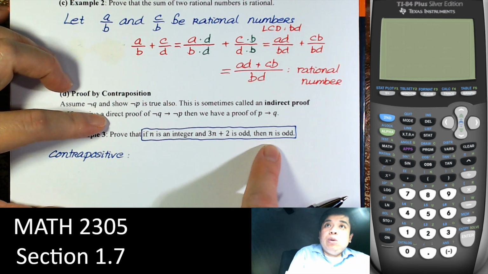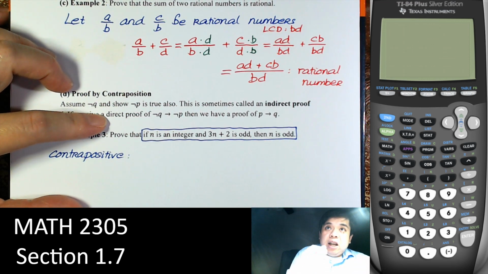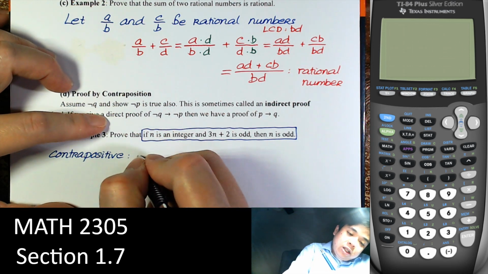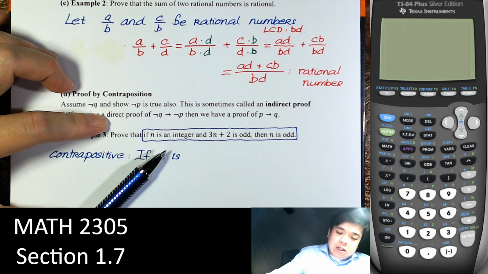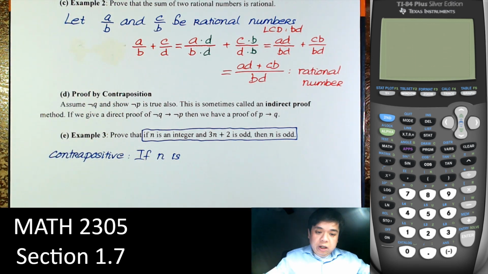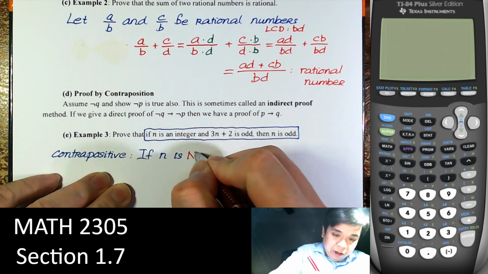We have to flip the statement and then negate it. So n is odd, so we say if n is, we have to negate it, so it's not odd.